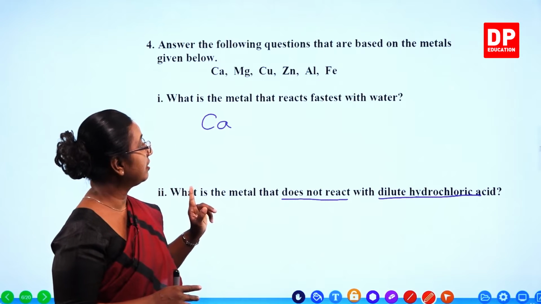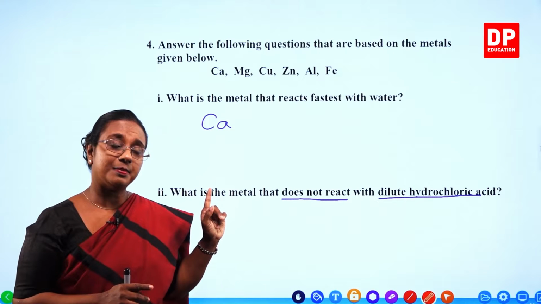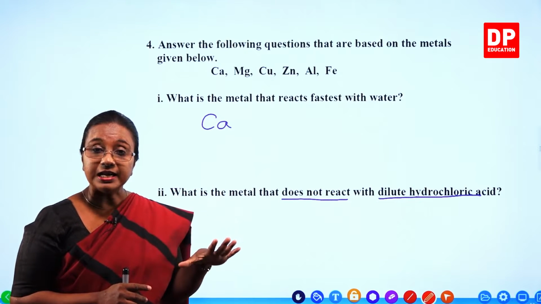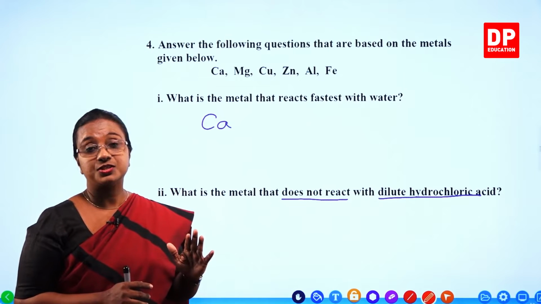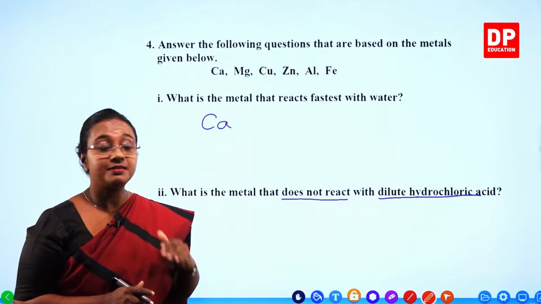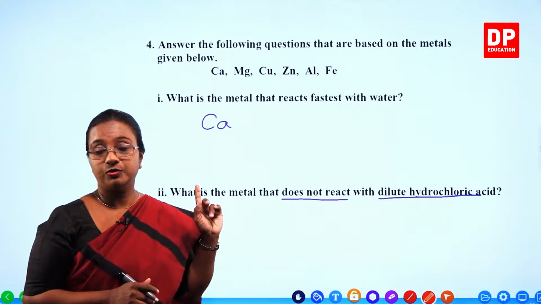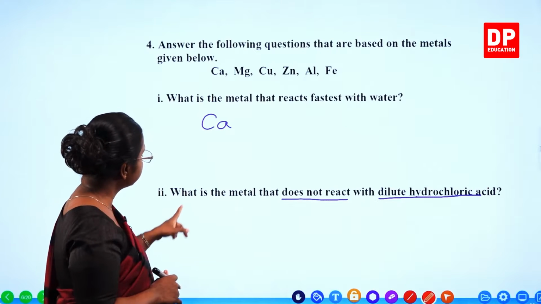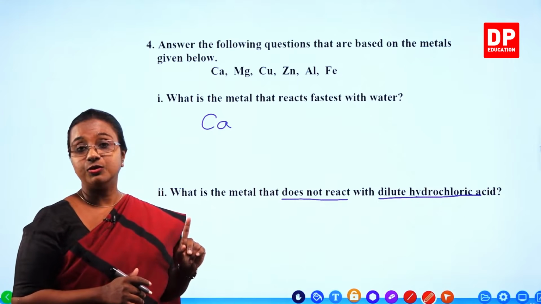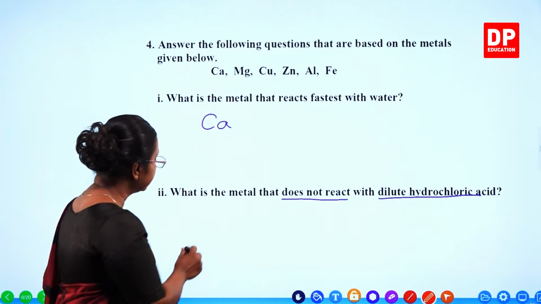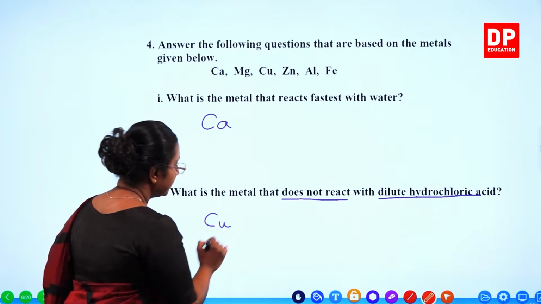Copper did not react. Iron, what happened there? When we put iron, it took a long time. It is a very slow reaction, but it does react with dilute hydrochloric acid. So the question is, what is the metal that does not react with dilute hydrochloric acid? That is copper. The answer is copper.